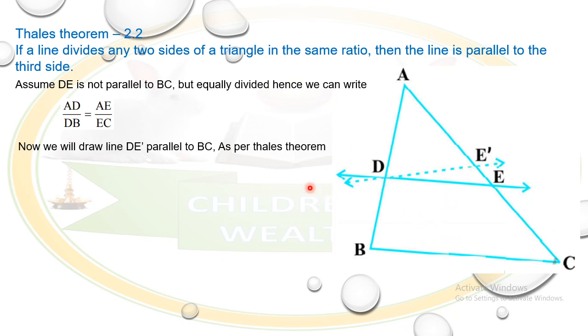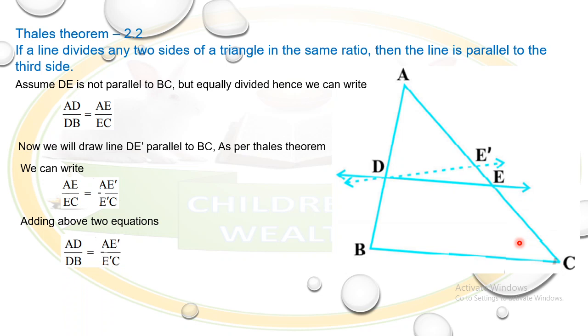Then as per Thales theorem we can write AE divided by EC is equal to AE dash divided by E dash C. Combining the above two equations, we can say AD divided by DB is equal to AE dash divided by E dash C. By this we can say E and E dash are the same point, and also this line DE is parallel to BC.